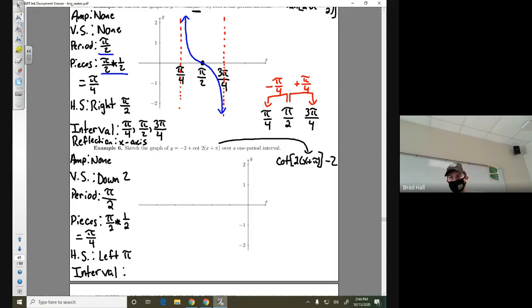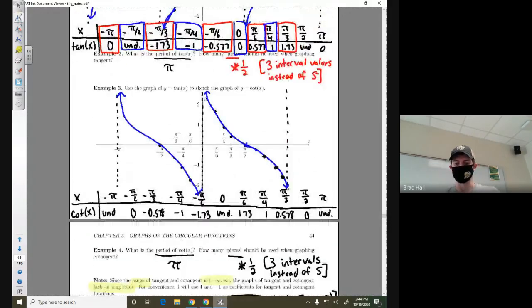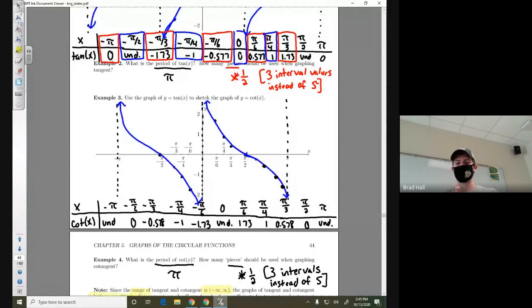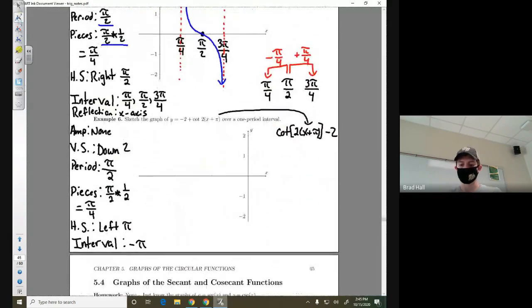So for the intervals, we are going to just start at whatever the horizontal shift is. We don't have to go left or right. And the reason why it's different here is because for cotangent, the point you start off at is an asymptote. So wherever you shift that, that's where you're shifting the asymptote. So that's why we're going to keep the first point. We're going to find the next 2 points.